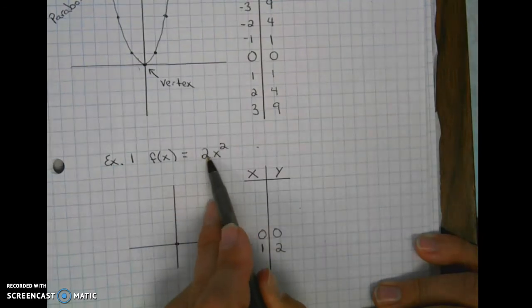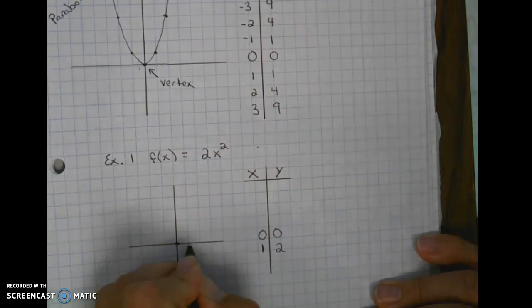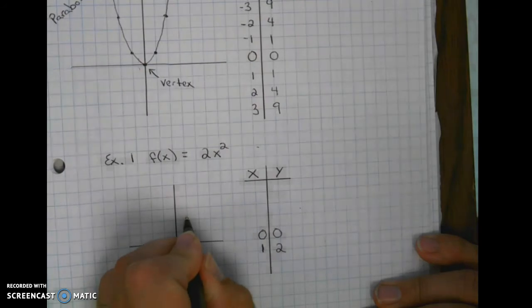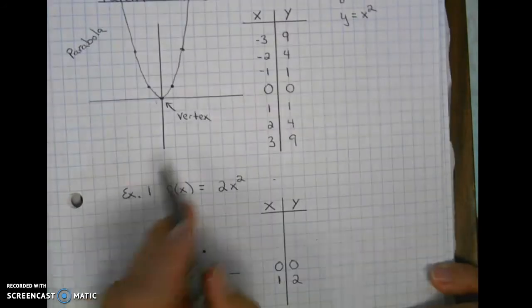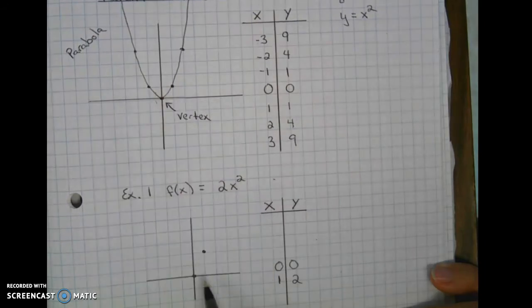Times 2. You see the pattern? So this point's going to be at 1, 2. Now notice how that compares to the point on the parent. We call this a vertical stretch. A vertical stretch. When the y values are multiplied by a number.